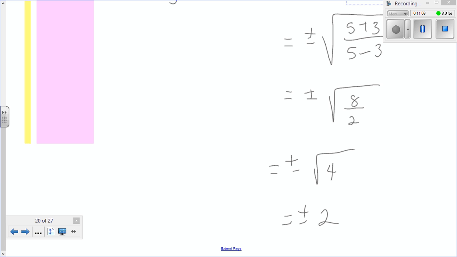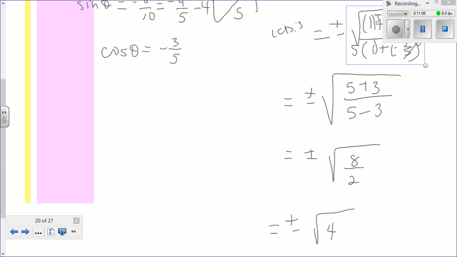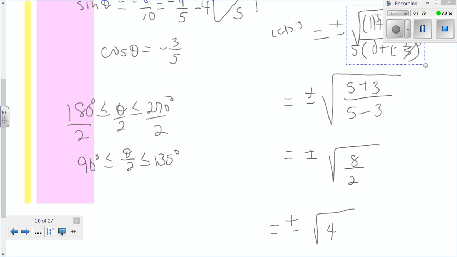Now we have to determine whether we're at positive 2 or negative 2. We were in quadrant 3 because the problem told us. So that means we were between 180 degrees and 270 degrees. That's theta. But this is a half angle, so we have to have half of theta. If I have half of theta, I have to take half of 180 and half of 270. So that means I am somewhere between 90 degrees and 135 degrees.